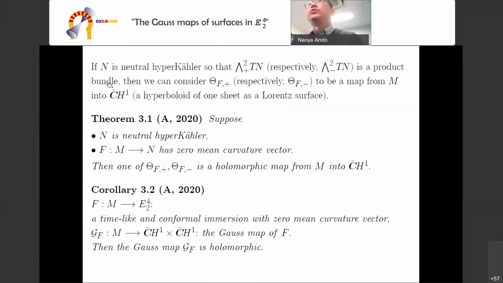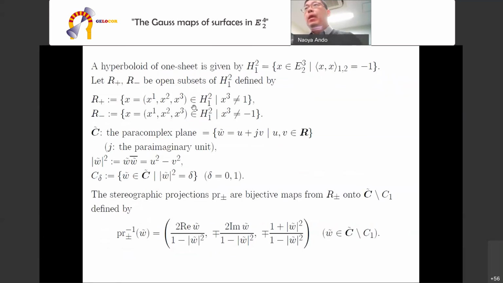If N is neutral hyperkähler, so that this is a product bundle, then we can consider theta F plus to be a map from M into C tilde H1. We denote by this a hyperboloid of one sheet as a Lorentz surface. A hyperboloid of one sheet is now given by this.